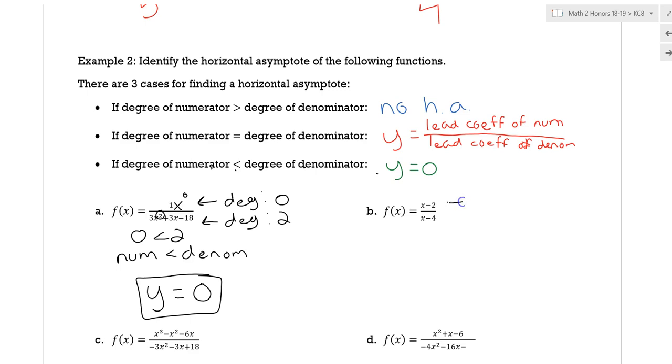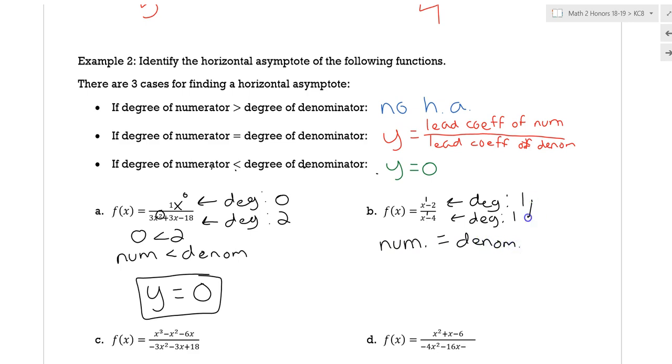Looking at B. Okay, my degree, right, is 1. And my degree here, same thing, is 1. So my numerator degree equals my denominator degree.